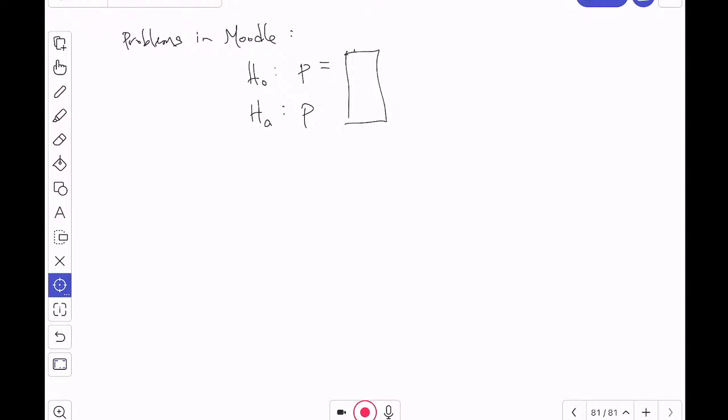Now you have to figure out the number and the sign you put for the alternative, remembering that the null hypothesis is always the status quo. What you want to test against is in the alternative. If the null fails, this is what you believe to be true. So this is null, status quo.